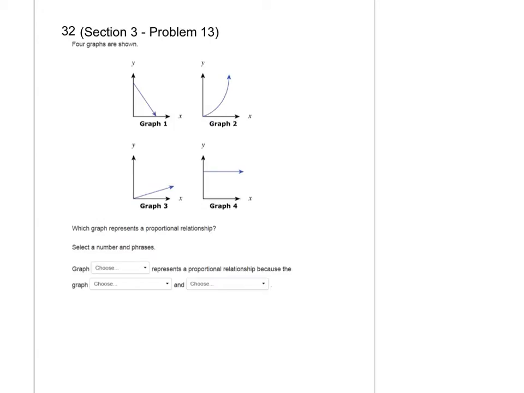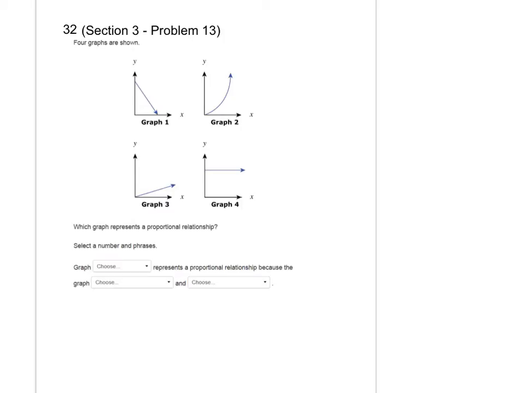If you have no idea, maybe I would look at this one right here. I would maybe look at this graph and be like, there's something about it that might not look right. But truthfully, if you don't know, you don't know. Best is to make your best educated guess.